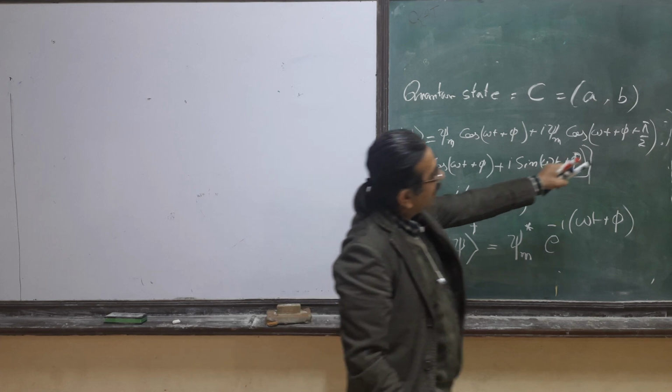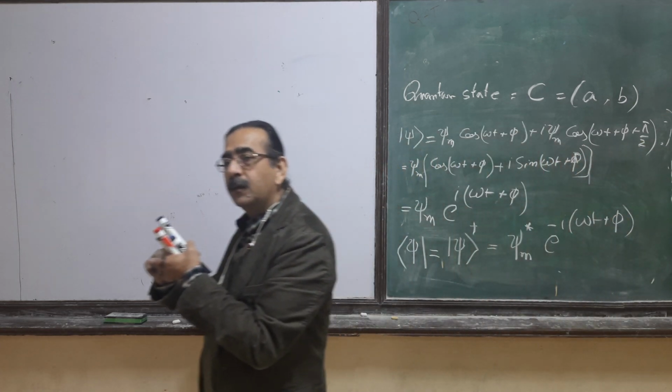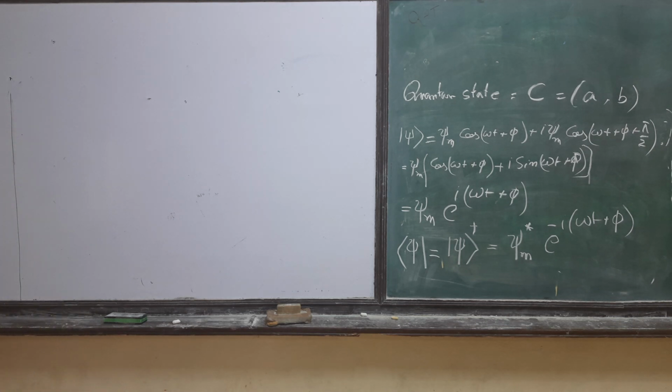And the reason I have added the angle pi by 2 is that they are making an angle of 90 with each other. Both are perpendicular. If one is taking theta, the other will be theta plus pi by 2.